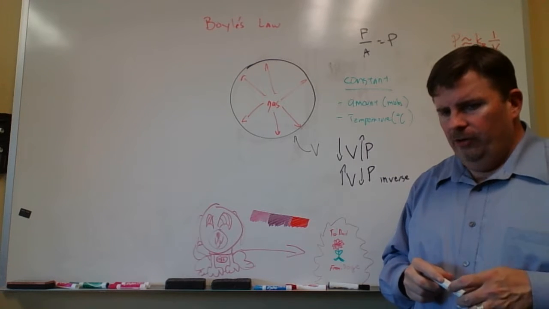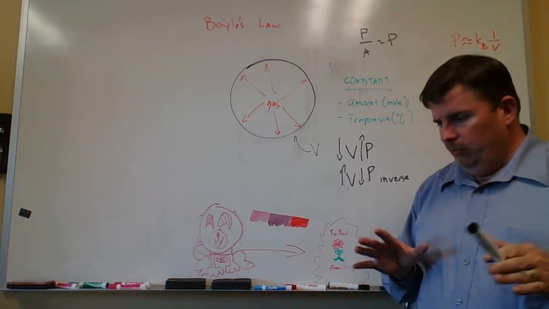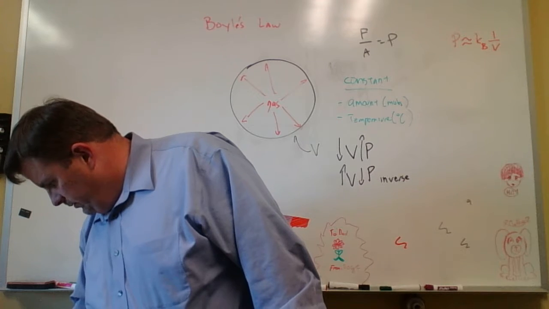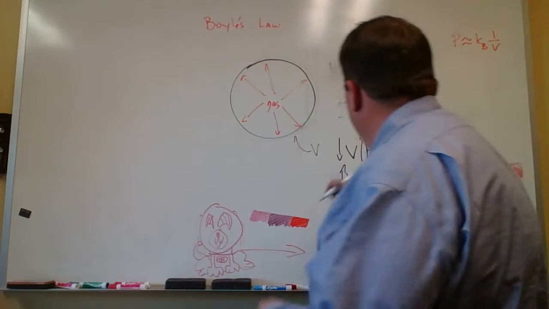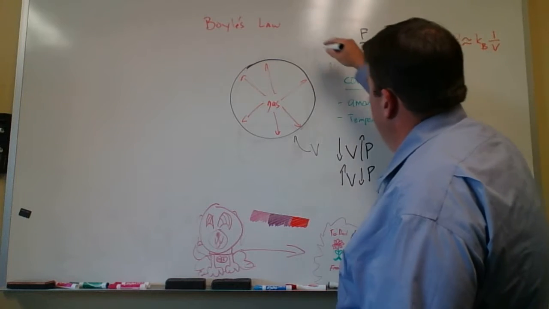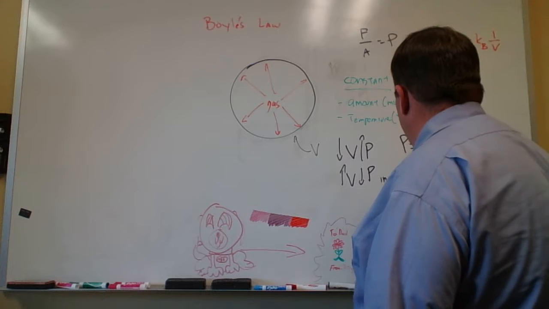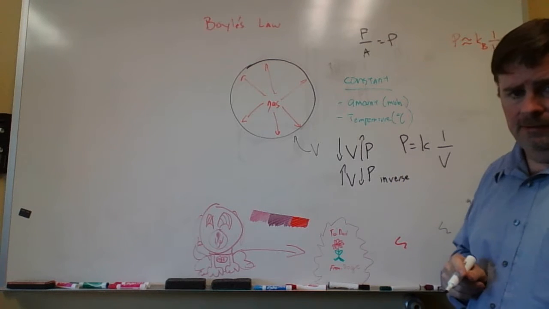Now, Boyle noticed that there was this relationship between the two, and he came up with Boyle's law. And Boyle's law identified that pressure is equal to a constant times 1 over volume.